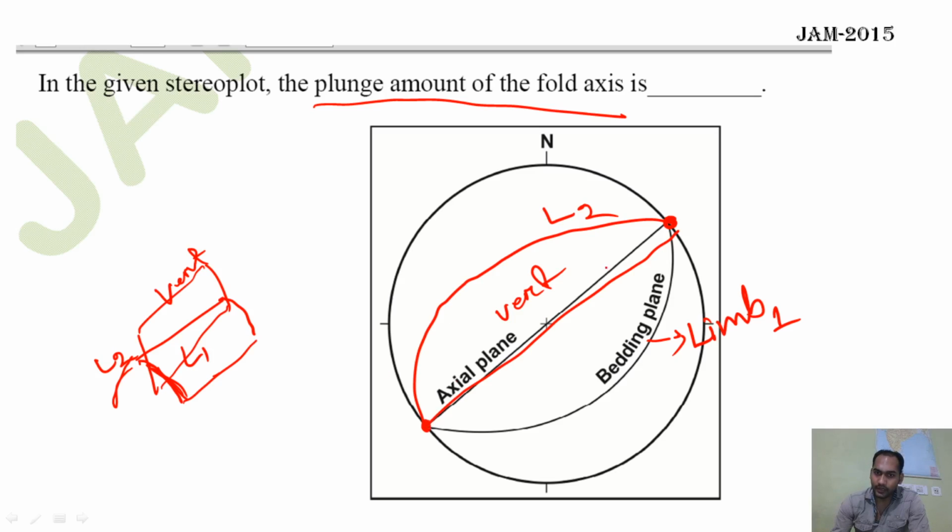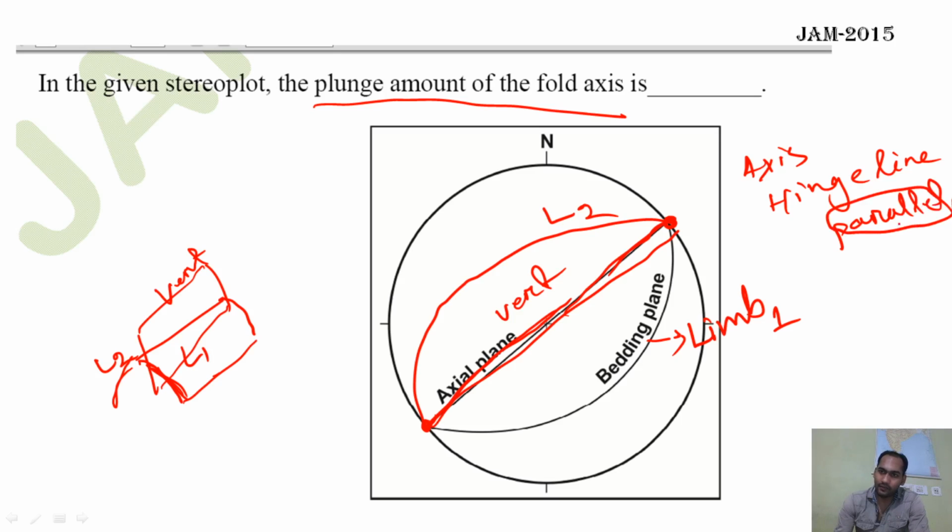Most of the time we use axis or hinge line, though they are not the same, but they are parallel in the case of cylindrical folds, normal cylindrical folds.